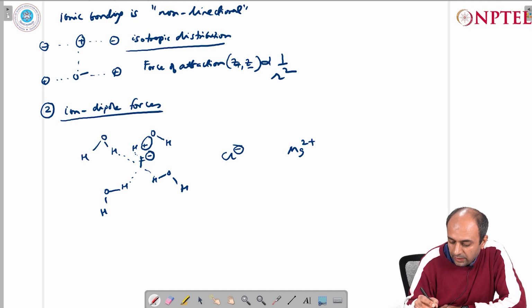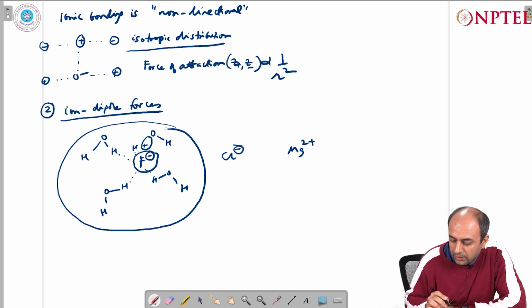So you have this kind of a supramolecular association wherein an anion is solvated by the water molecules, and this actually constitutes the first coordination shell, but this coordination is primarily hydrogen bonding in nature.